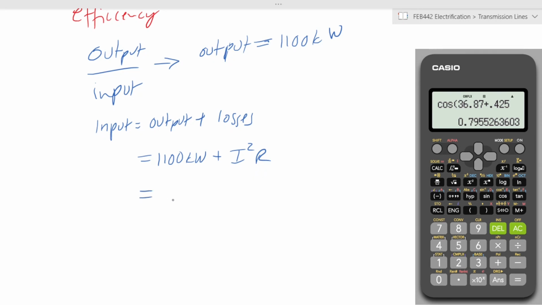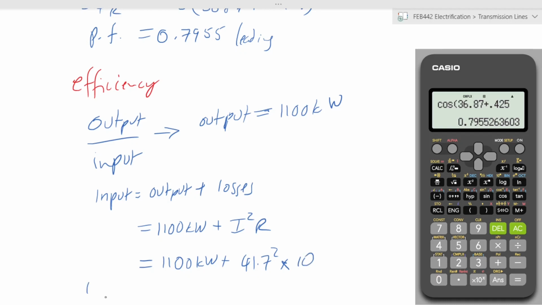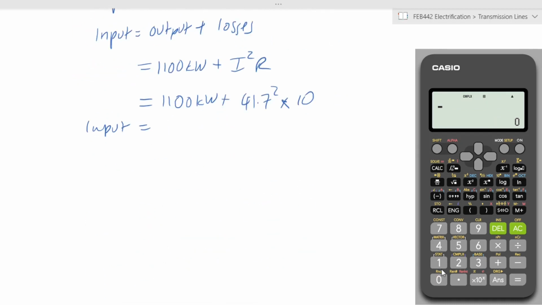Okay. So in this case, it will be 1100 kilowatts plus 41.7 squared times 10. So input equals 1100 times 10 to the power 3, because they are kilowatts, plus 41.7 squared times 10. Okay, so that gives us 1,100,000 and so on and so forth.